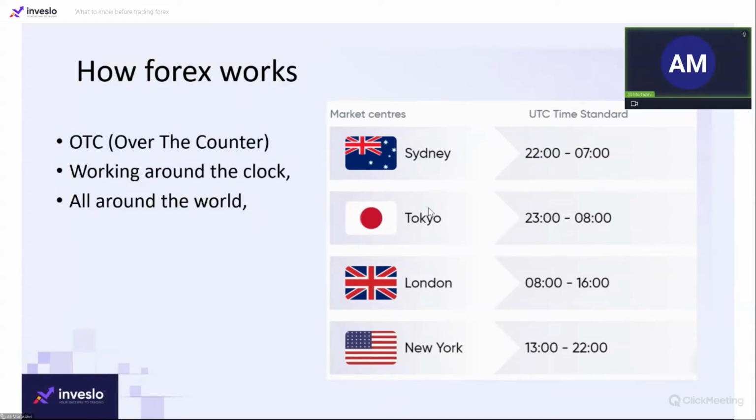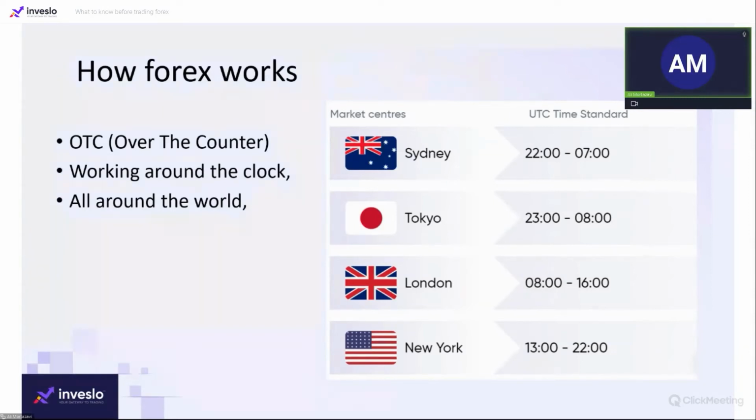And another advantage of the Forex market, as you see here on my presentation, is that this market is working around the clock. It means you can trade Forex at any time, assuming it's during trading hours in any major Forex hub: London, New York, Sydney, and Tokyo.